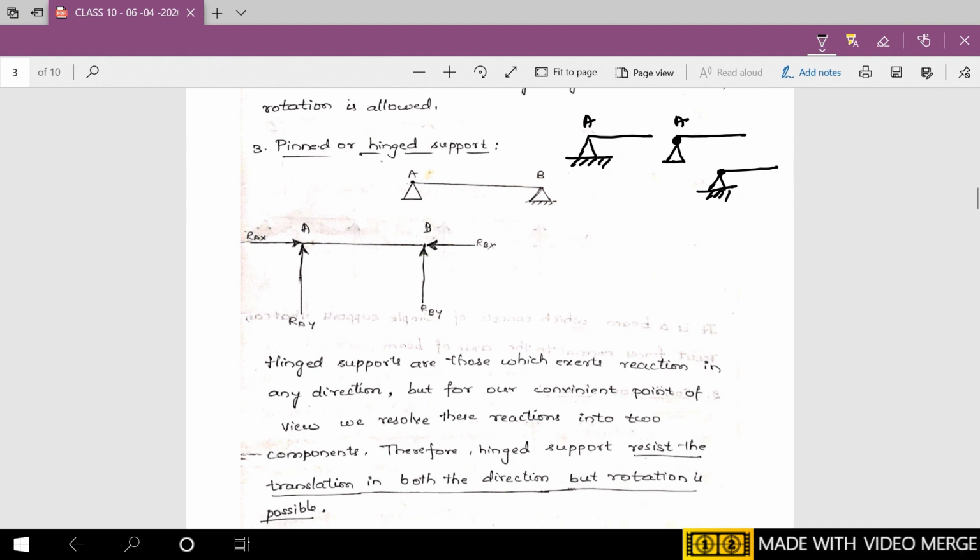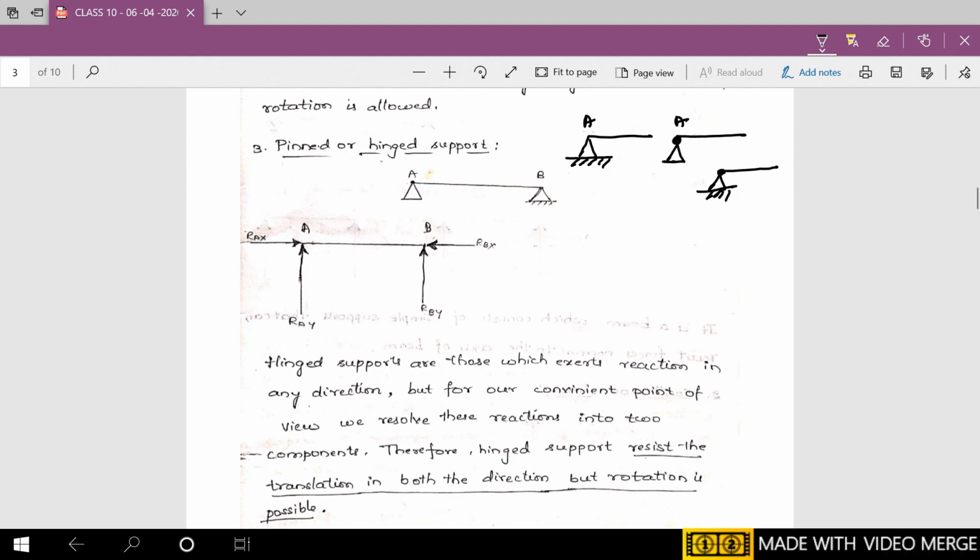Just imagine a hinge in a door. A door is connected to the wall by means of a hinge, where you can rotate the door, but the door is not movable in the X direction as well as the Y direction.